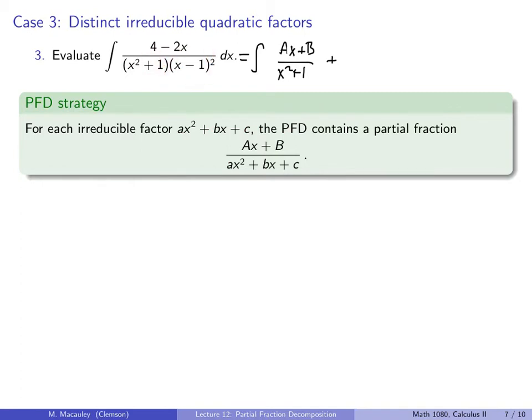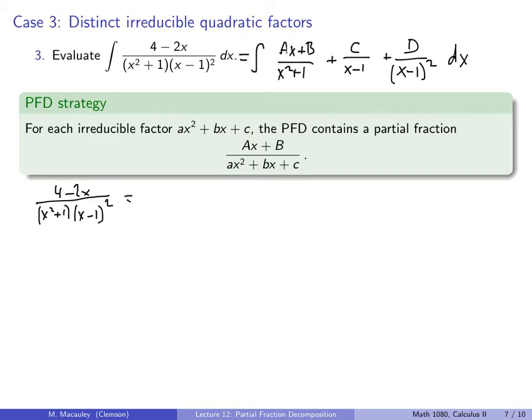We have c over x minus 1 plus d over x minus 1 quantity squared dx. Okay, so to do this, as we've done before, we are going to write our original fraction, and that shouldn't be an a, that should be a 4: 4 minus 2x over x squared plus 1, x minus 1 squared.